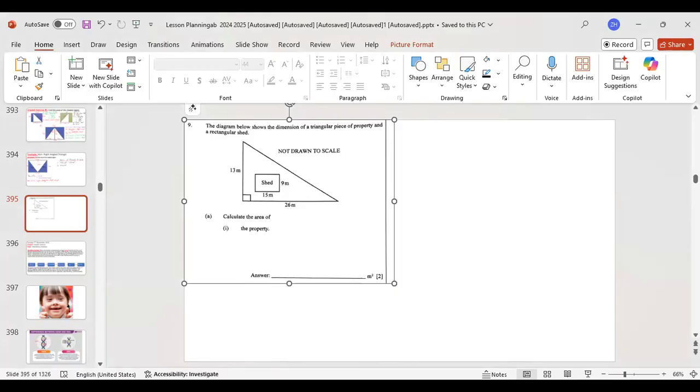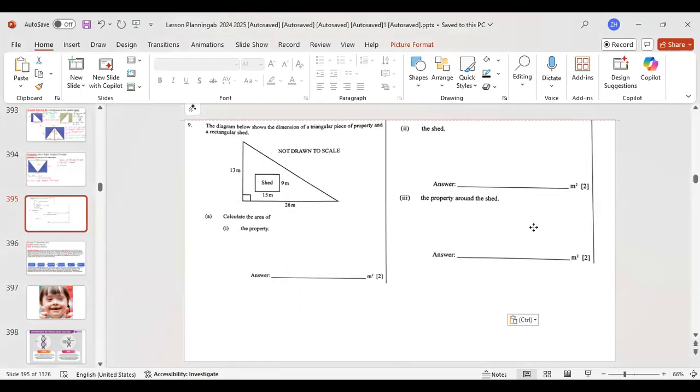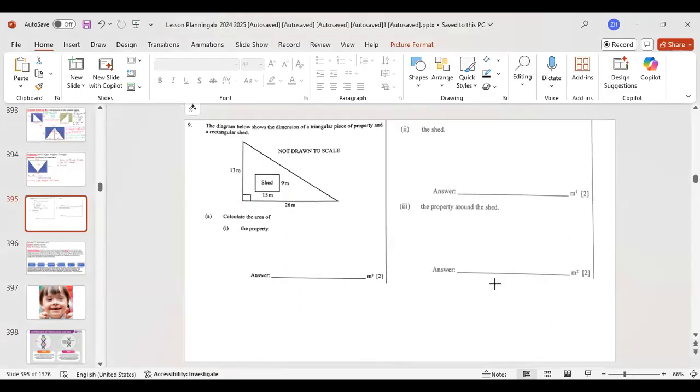Okay, so this is the first question. All right, the shed, and then finally the area.